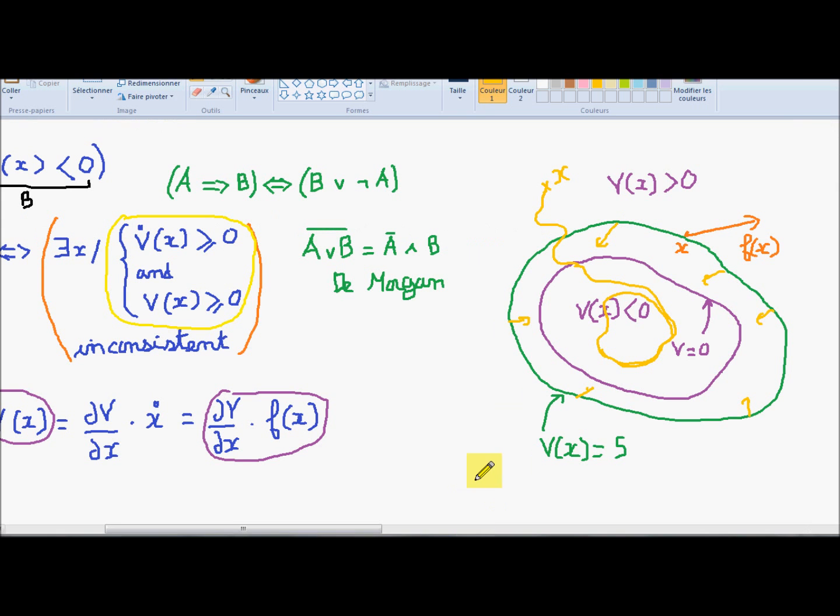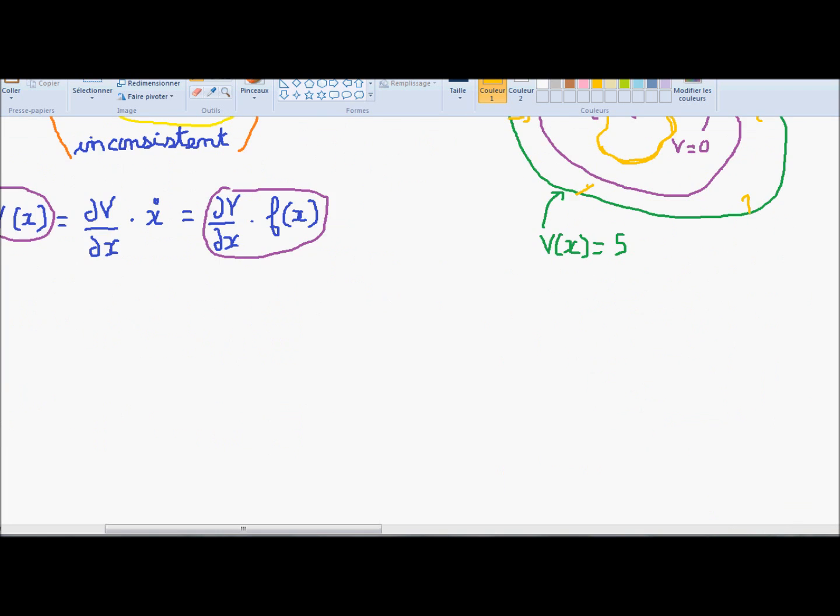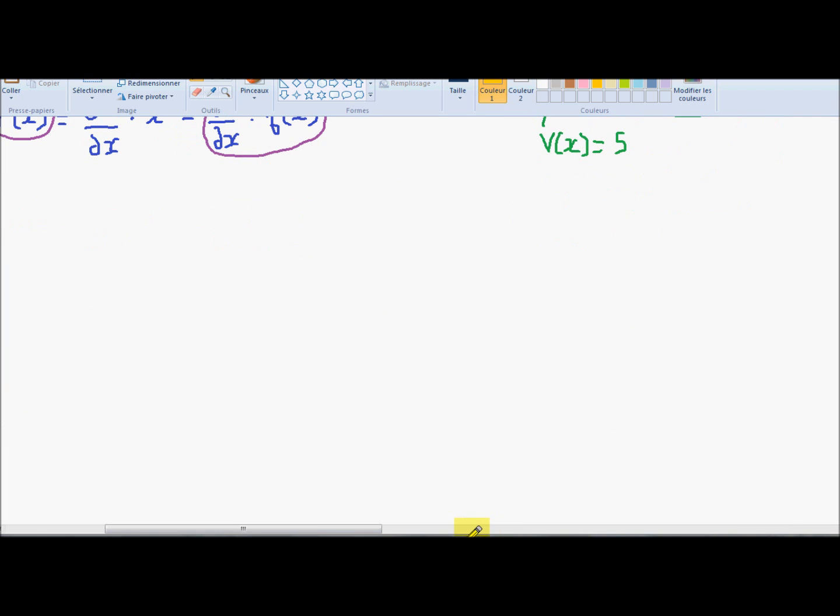If you prefer, to draw this to make it more clear, here I have my state space, which may correspond, for instance, to x1, and here x2.